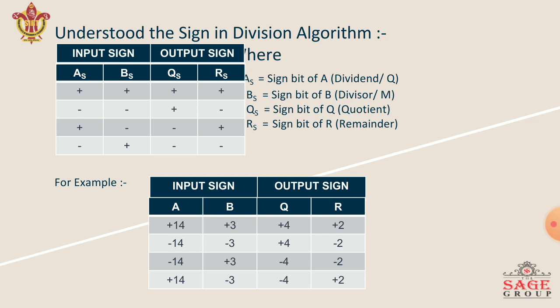And if we talk about the sign of the remainder, it simply follows the sign of the dividend. For example, here I am giving one example of sign in division algorithm.